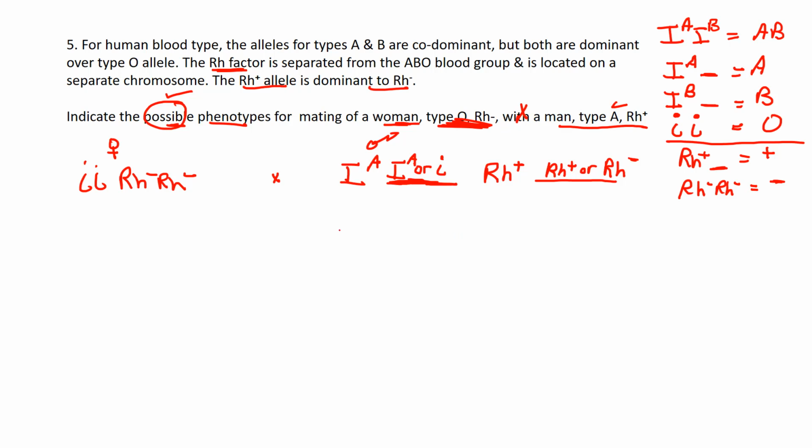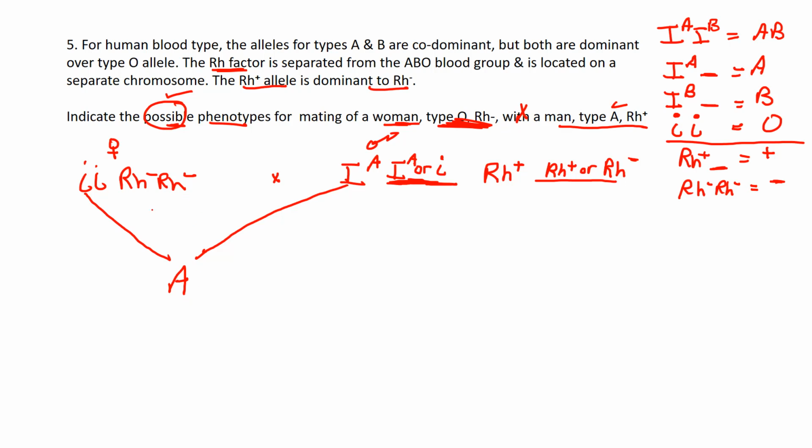So it's a bit tricky here, but often when I'm face to face with students, I'll get them to use their fingers. Now all this female can contribute is a little i. But if this male contributes the A allele, we know that one of the possible phenotypes of this offspring can be A blood.